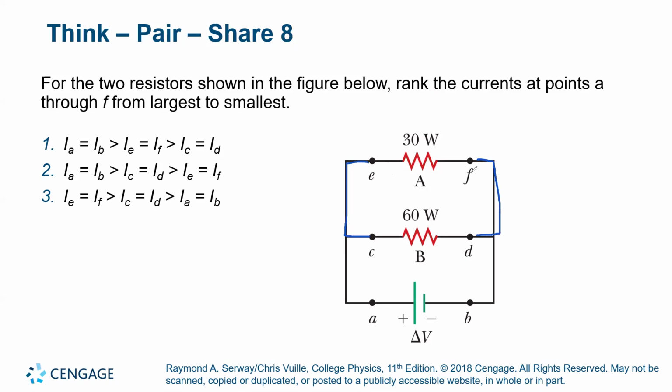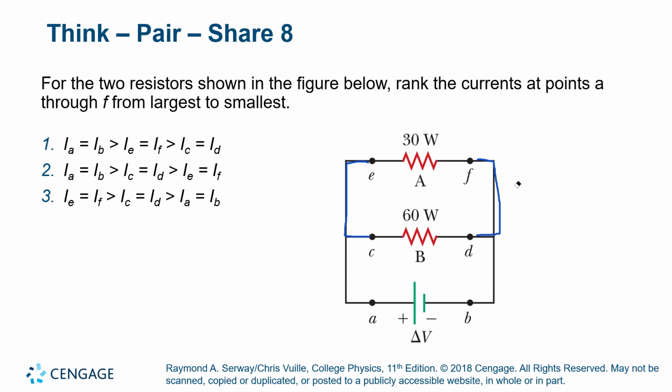If they are tied together with nothing in between, nothing in between means I don't have any other elements breaking the current here, right? The ends F and D are connected through a perfect conductor. In that case, if these two wires are connecting the inputs and the outputs, these are considered parallel.